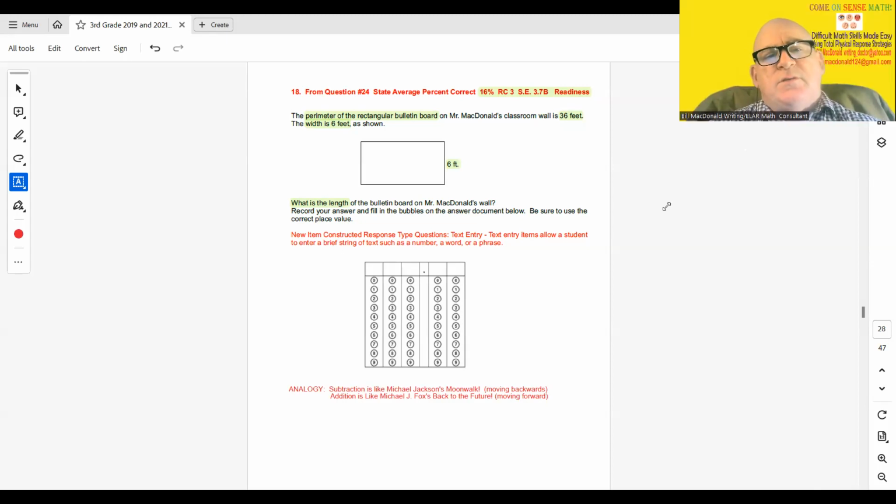So this is a third grade question, and I borrowed it from the modeling of the 2021 third grade test. It's my question 18 for those of you who are in the online recorded training with me. It only got 16% correct in Texas, and you can see there the reporting category, the student expectation, and the readiness.